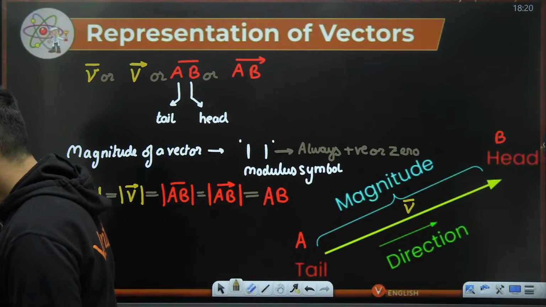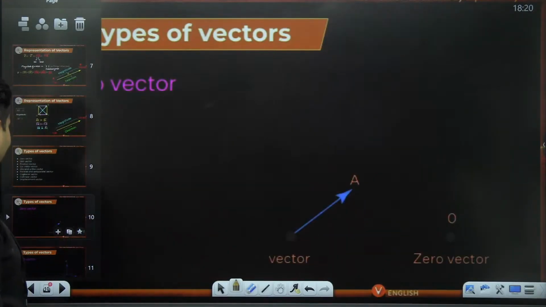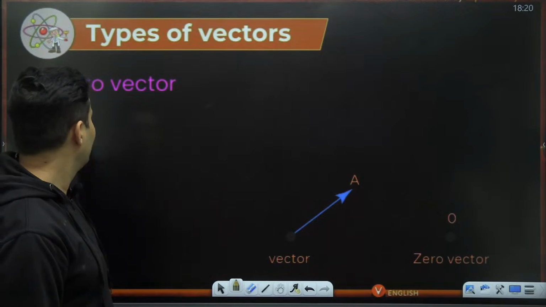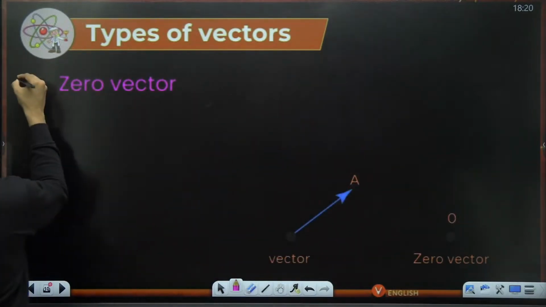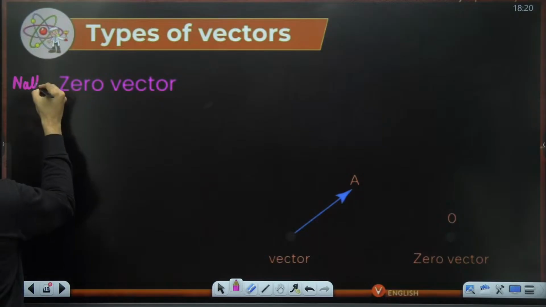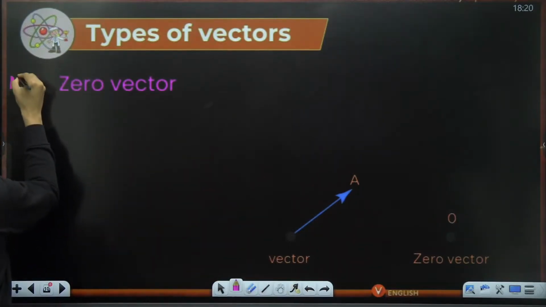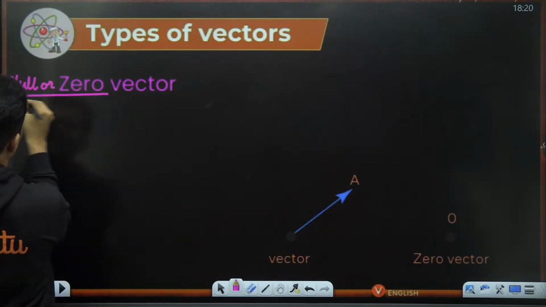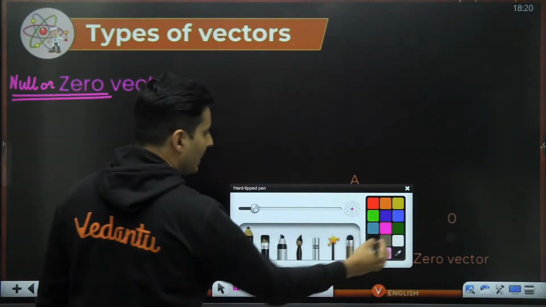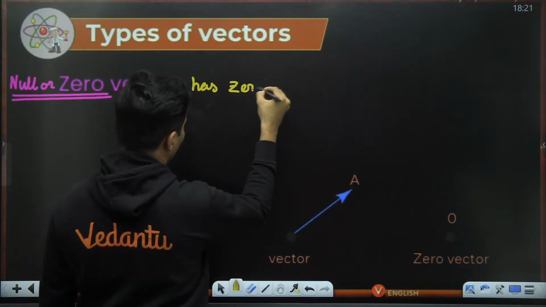All right. So what do you call a vector which has no magnitude at all? It is called a zero vector, and sometimes also called a null vector. A null or zero vector basically has zero magnitude.